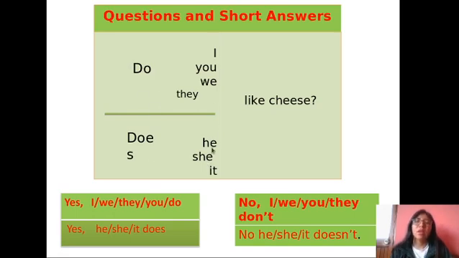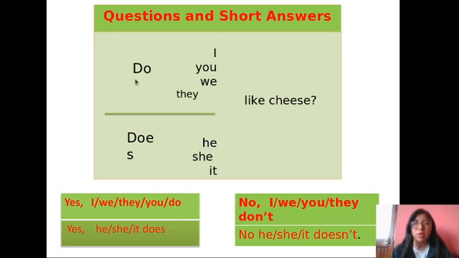And how do you answer? ¿Cómo vamos a responder? Okay, for example, do you like cheese? Yes, I do. Okay, because we are checking the short answers. Okay, solo estamos revisando las respuestas cortas.